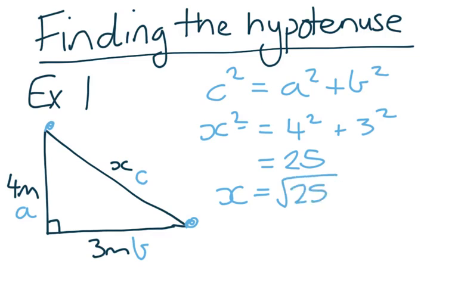The square root of 25: what times itself gives us 25? That is 5 metres. If we were to draw this triangle accurately, one side is 4 metres, one side is 3 metres, and then 5 metres on the hypotenuse, which makes sure that we get a right angle in this corner.